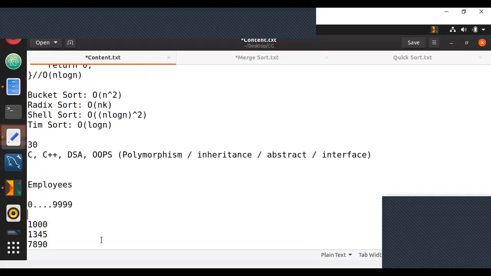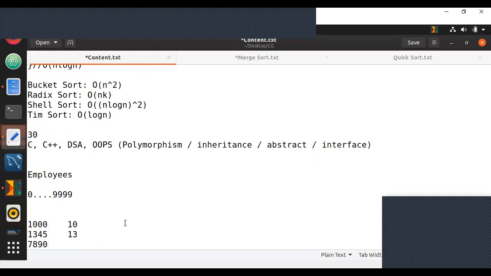Whenever you want to read these employee IDs, you're going to hash them. You will perform a hash function on 1,000 and you will get another number. Generally, it is performed by some mathematical operations like mod 10 to the power 5 or something like that to get a smaller unique value. That smaller unique value for 1,000 may be 10, for 1,345 maybe 13, for 7,890 maybe 76.